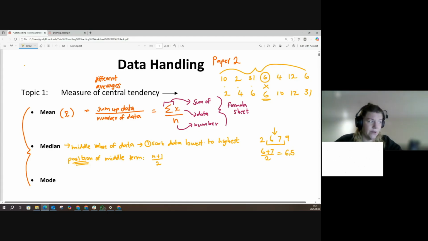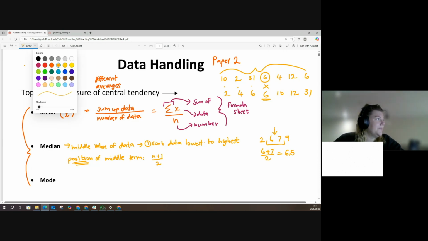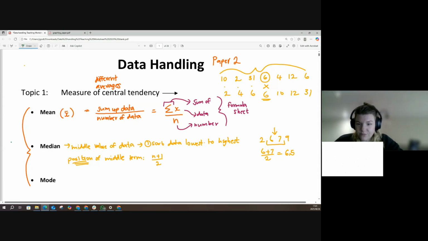Okay. All right. Let's move on to our mode. Good. The number that appears the most frequently. So it occurs the most. Now with the mode, there's two things we got to take into account.